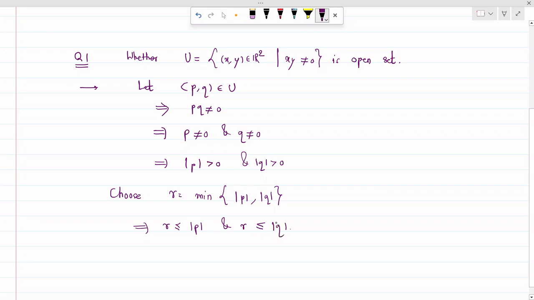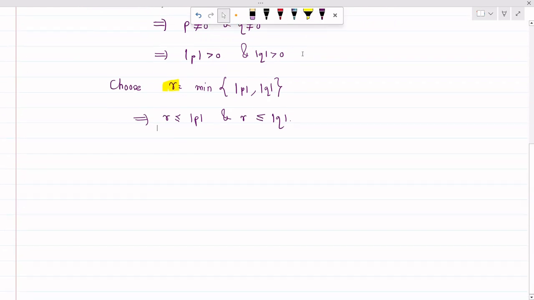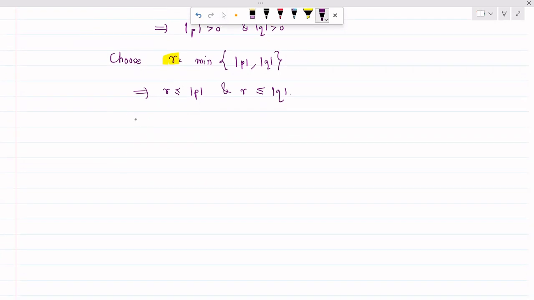Now I will try to prove that if we draw the open ball around this point of this radius, then that open ball is again contained in U. So let's try to establish that. Let me write that as a claim. My claim is that the open ball around point (p, q), which is a point of U, of radius r is again contained in U.